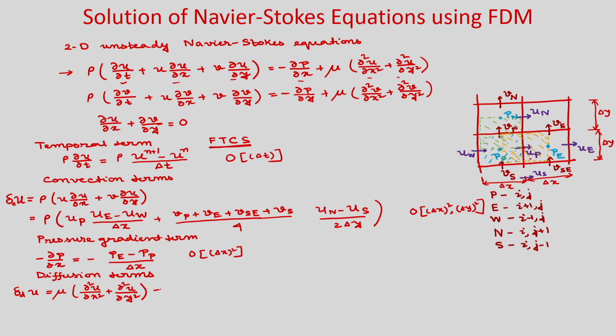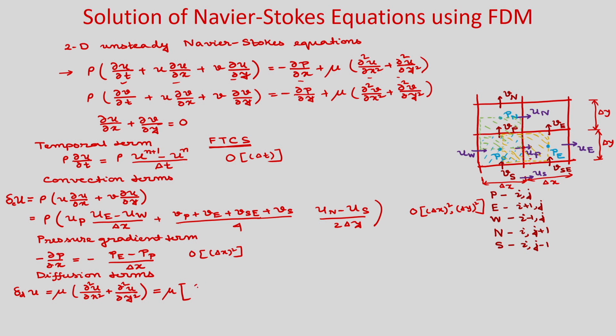Now in the UP cell, for del 2 u by del x square, using the second order central difference discretization, you can write UE minus twice UP plus UW divided by delta x square.